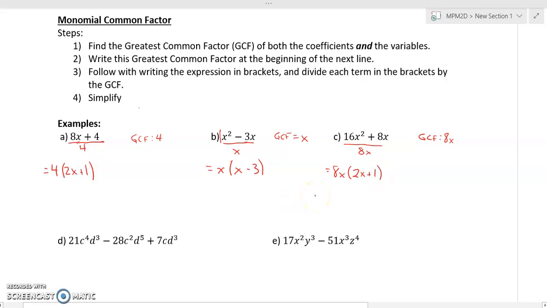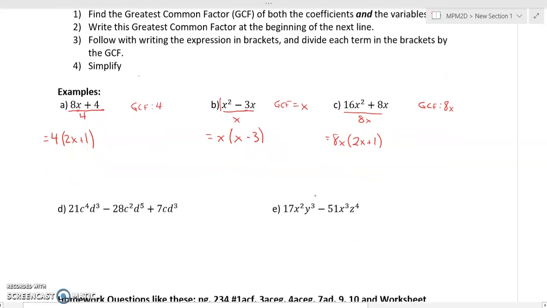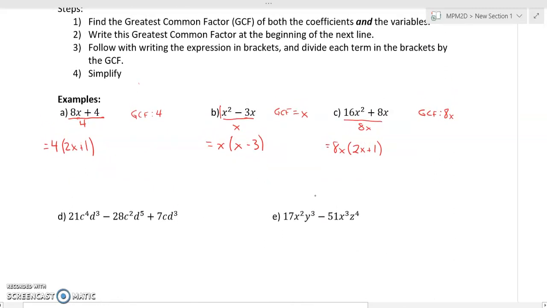Alright, now these expressions below, I mean, they look scary, but they do not have to be scary. We just want to look at what numbers and what variables are common to each of them. Okay, so again, greatest common factor. So 7, 21, and 28. Hopefully I can see that those are all multiples of 7.